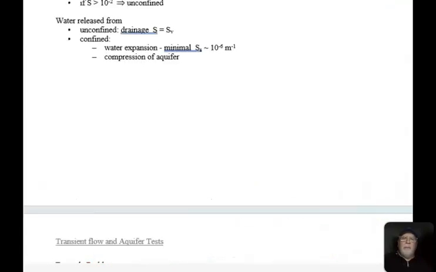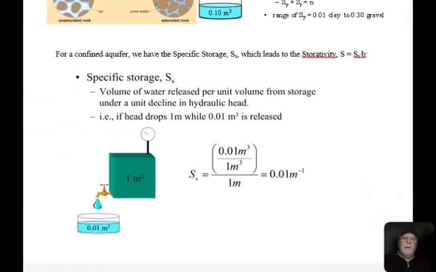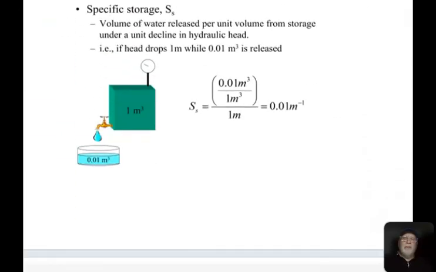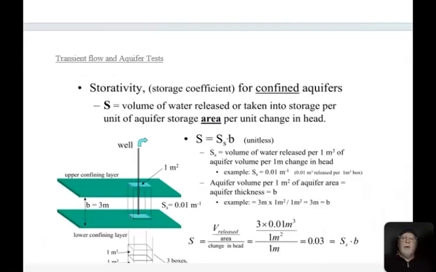Let me go back up here and look at the definition again. So the specific storage is the volume of water per unit volume released from storage under a unit decline in hydraulic head. So specific storage is the volume of water released per unit volume. Oh, wait.